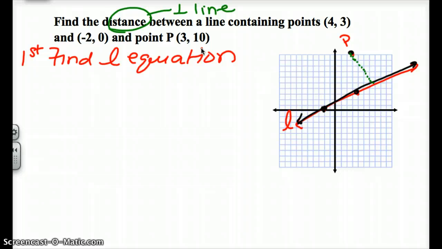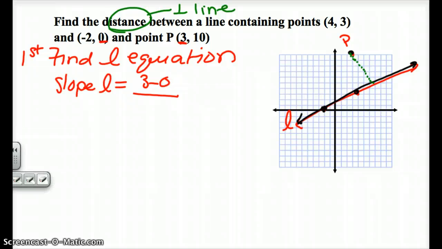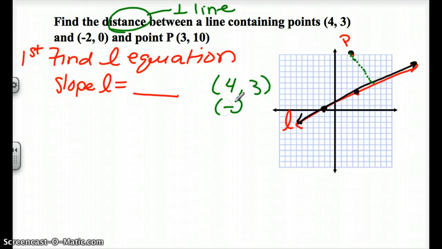To find line L's equation, first I need to find the slope of line L. So I'm going to go y minus y over x minus x. Okay, let me erase that. I need to use the 2 points, which were (4, 3) and (-2, 0).